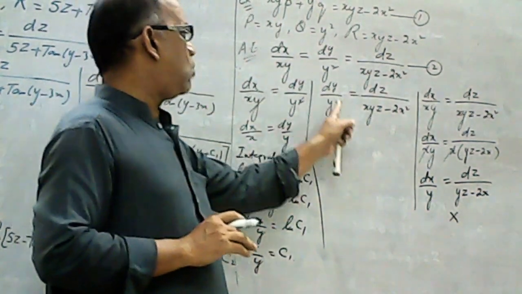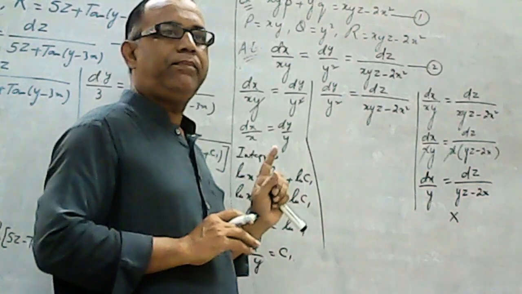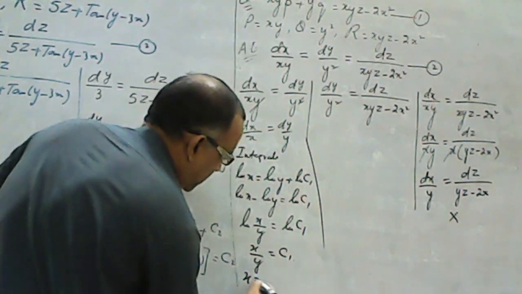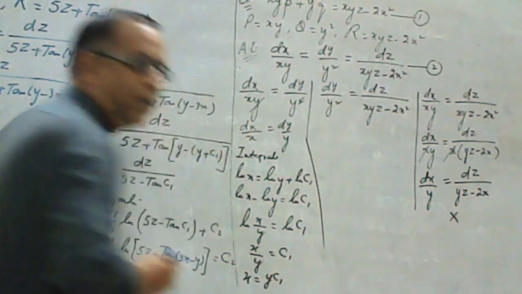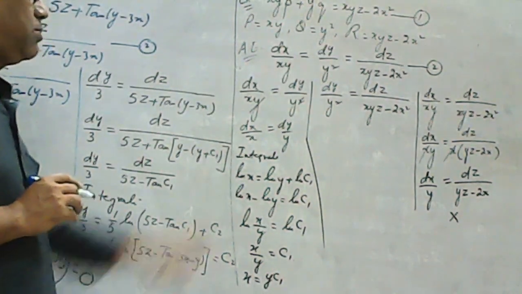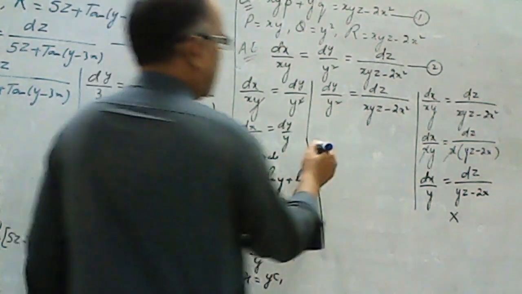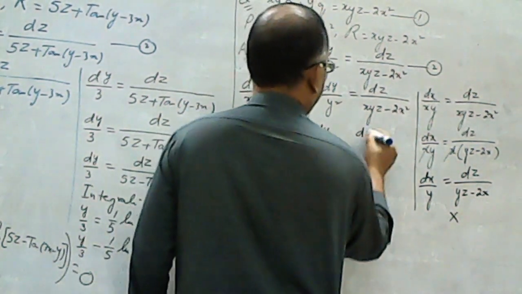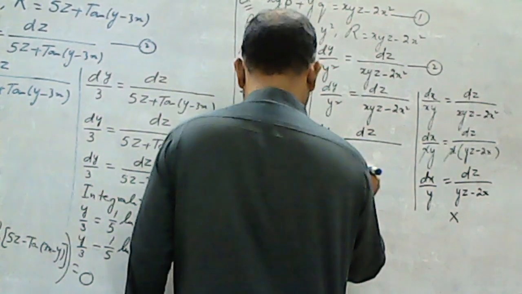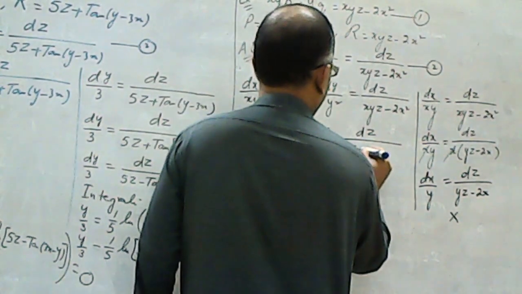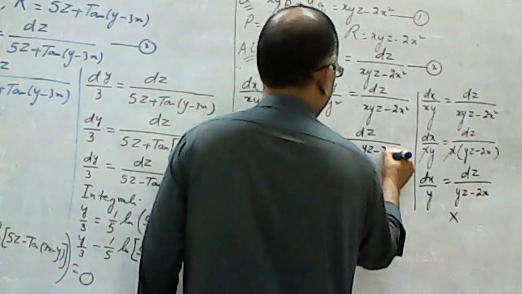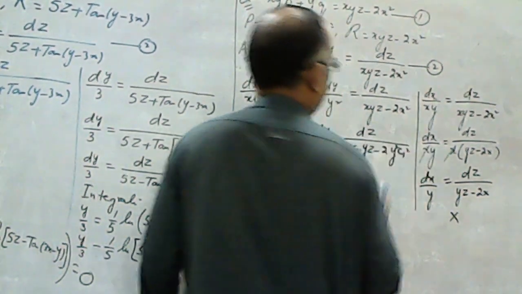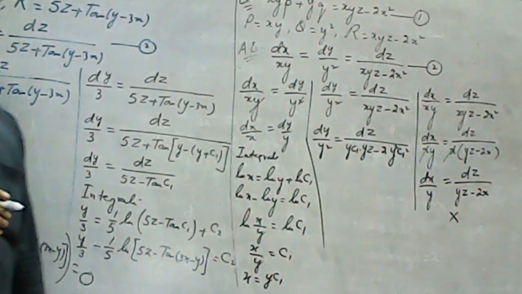We do not require x in the denominator. So just take the value of x from here. x will be equal to y c1. So substitute x in that place. So we get dy upon y square equal to dz upon, I write y c1 into yz minus 2 y square and c1 square, because x square is there.